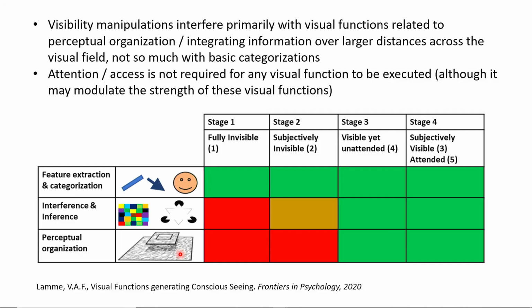And if you look at all that literature, the visibility manipulations typically interfere with functions related to perceptual organization and integration, whereas attention and access do not interfere with any of these. So all these visual functions can go on pretty fine on their own. They don't need attention. Of course, they get modulated by attention, but they don't need it. Whereas the other manipulations really interfere with those. And of course, the feed-forward activations are not interfered with by anything.